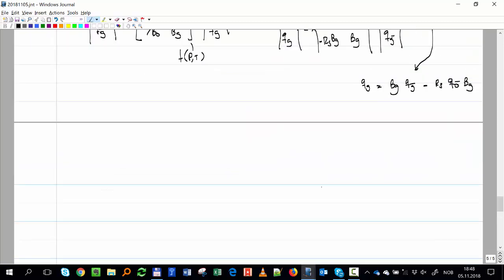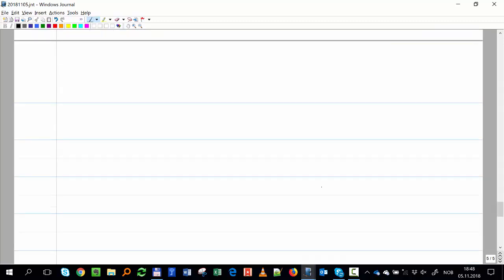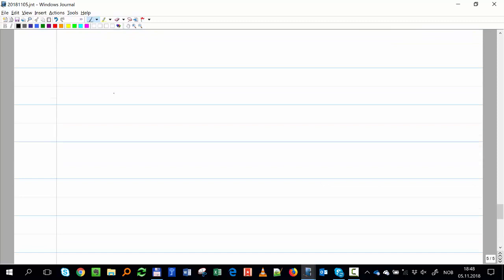Now, if you see this expansion that we have assumed, we have said we take this fluid at a certain pressure and temperature, and then we take it to standard conditions, okay?